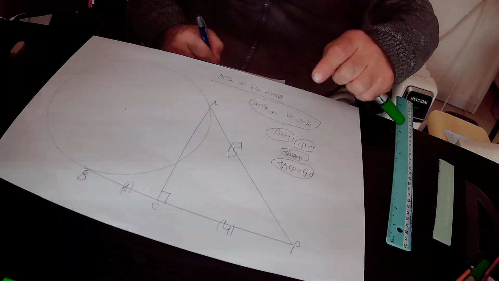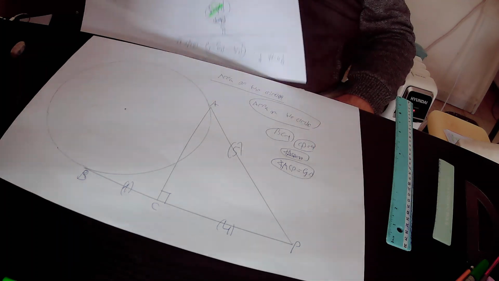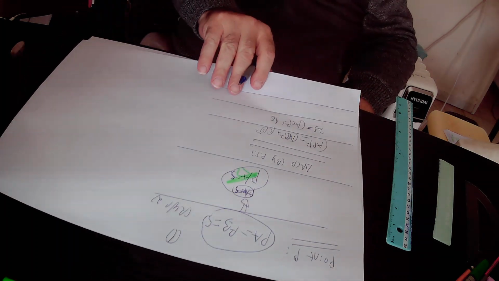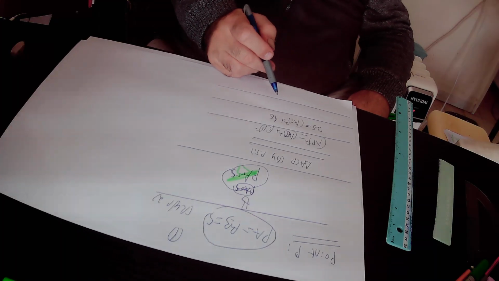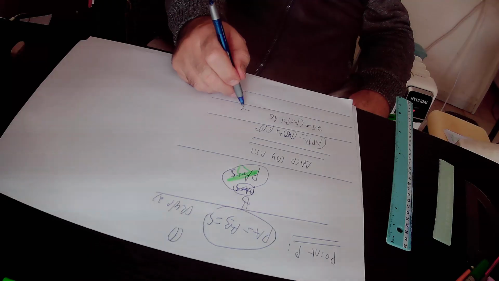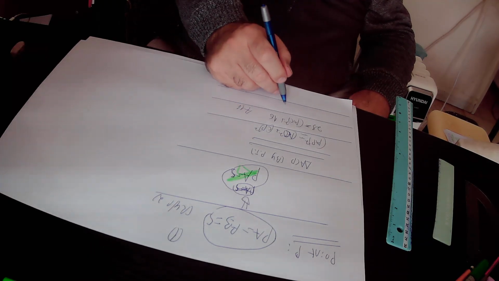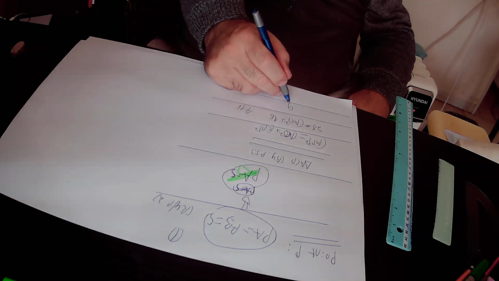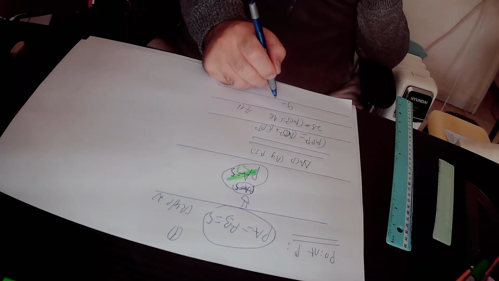So in total, we found that 25 equals AC squared plus 16. Here we will subtract 16 from this equation. 25 minus 16 is 9, equals AC squared. So AC squared equals 9 here.